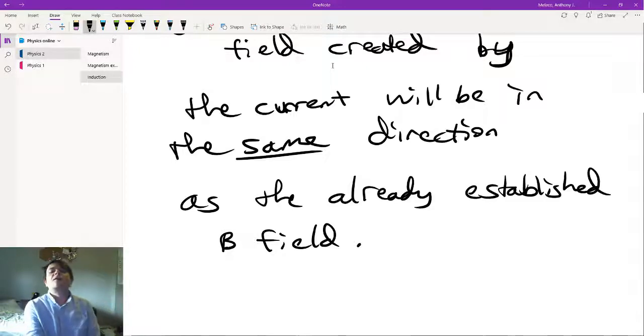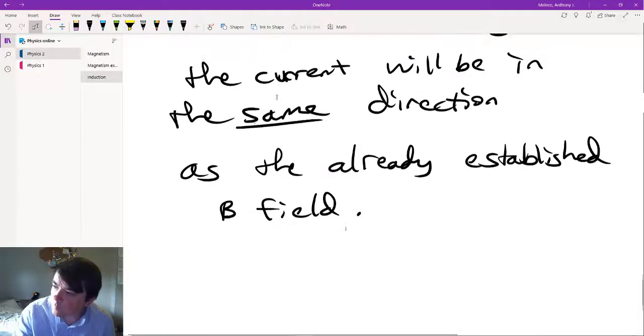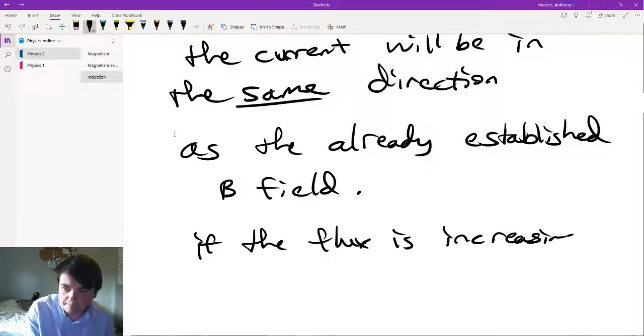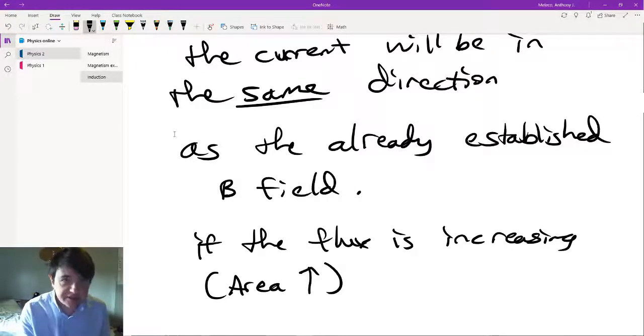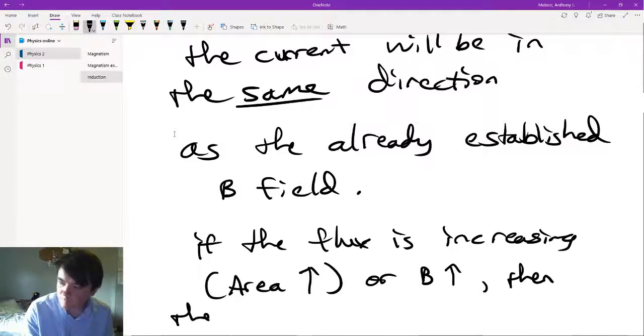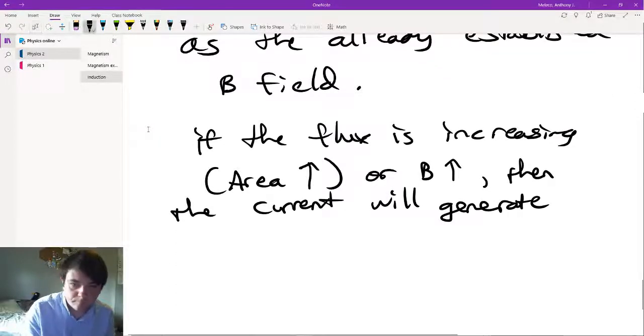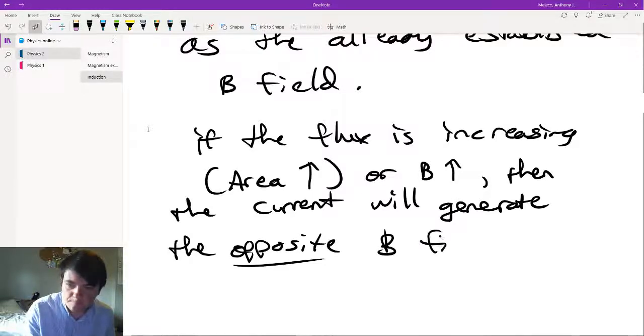Okay, so this is the case where it will be in the same direction. If the flux is increasing, i.e. the area going up, or maybe the magnetic field's going up, just the flux needs to be increasing, then the current will generate the opposite B field. Okay?